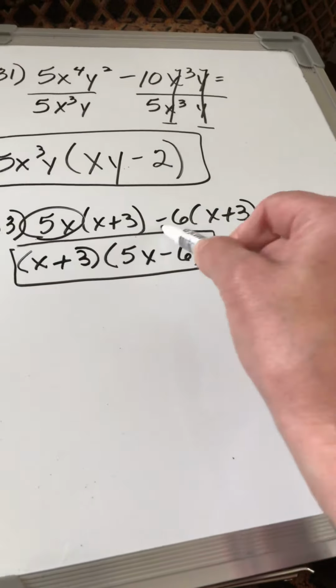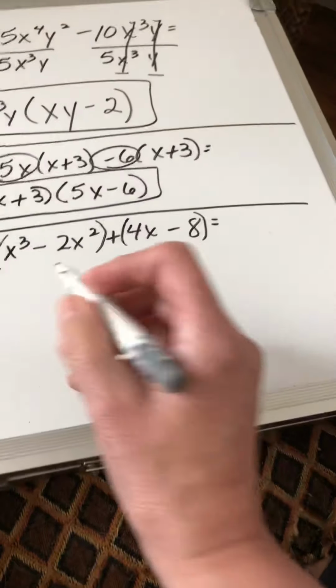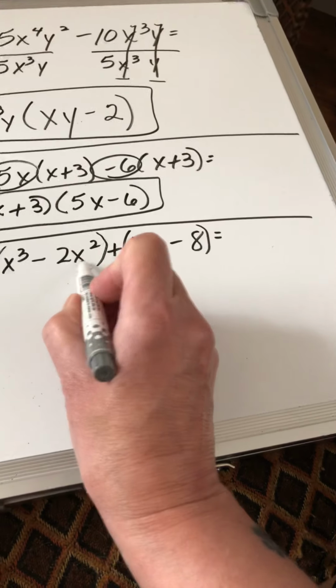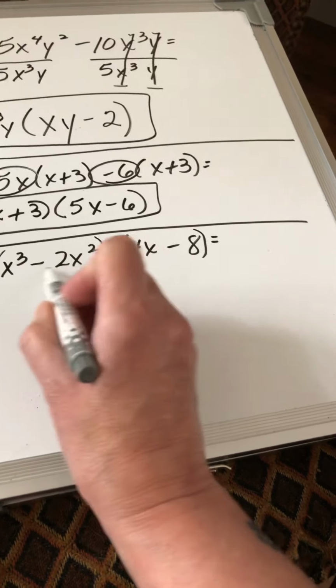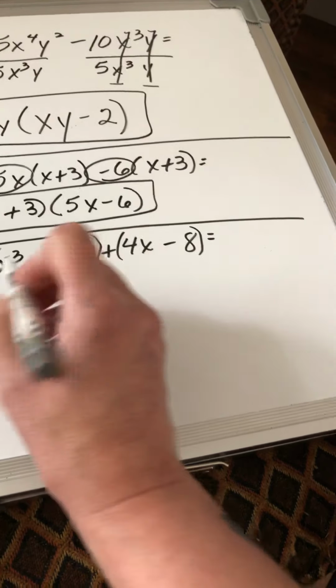Now this looks like nothing I even know how to deal with. There's no like terms, but my instructions are to factor. There's something called the associative property that allows me to group if I need to. Oh, now I can factor because I can divide x squared out of this paren. When I do, I'm left with this.